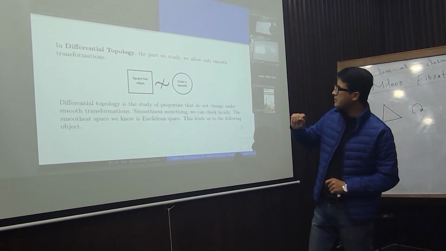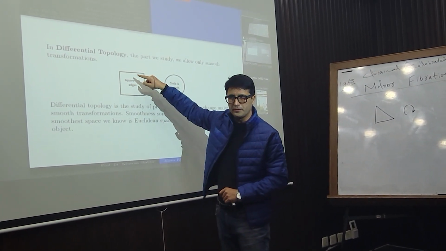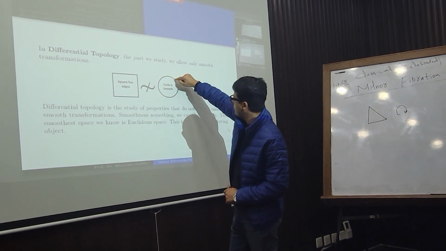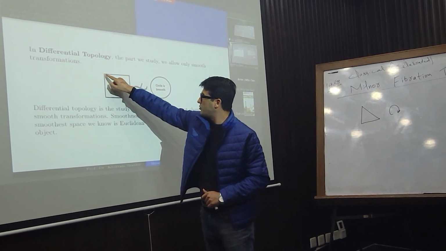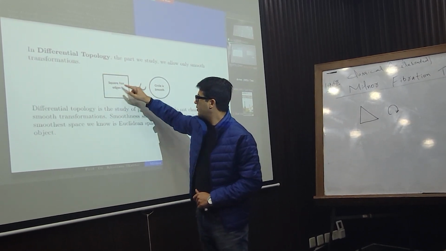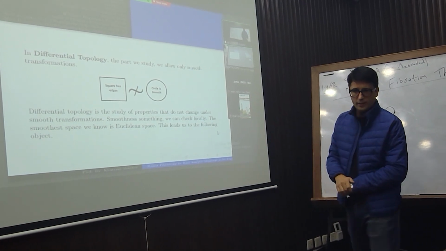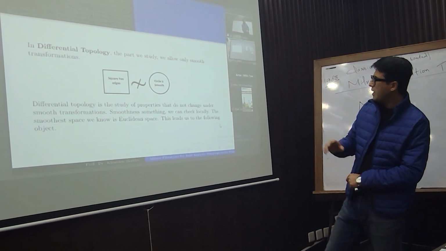Smooth transformation means that the object should be differentiable everywhere, which means you can draw the tangent at every place. But here you can see these 4 points. You cannot draw a tangent at these points. So that's why these two objects are different in differential topology.